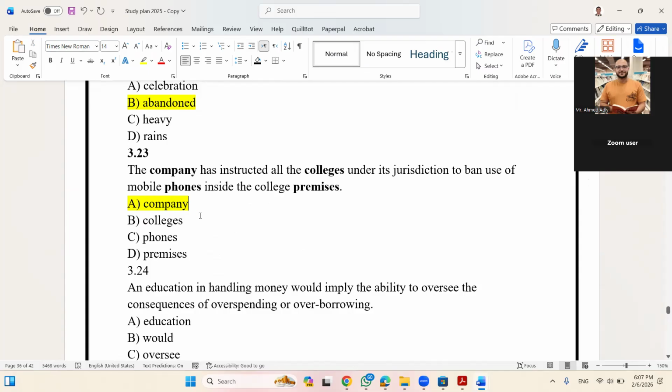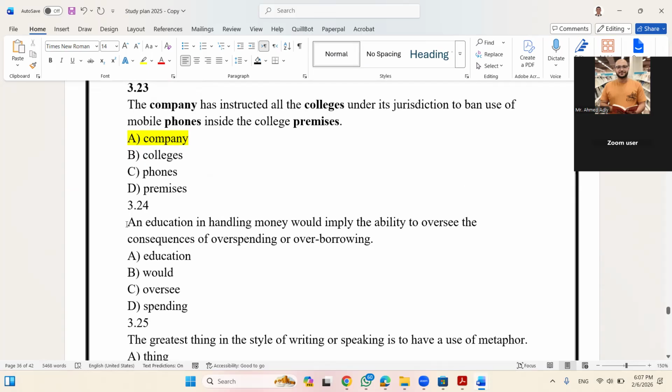The university has instructed that all colleges under its jurisdiction ban use of mobile phones. So the university informed all the colleges under its control, under its power, under its authority to ban use of mobile phones, and not the company.